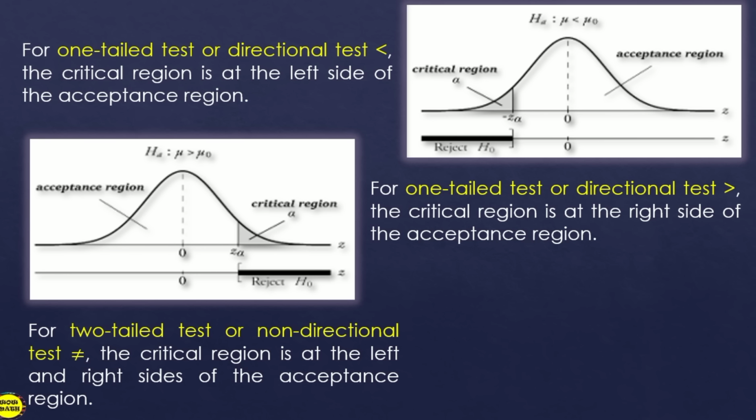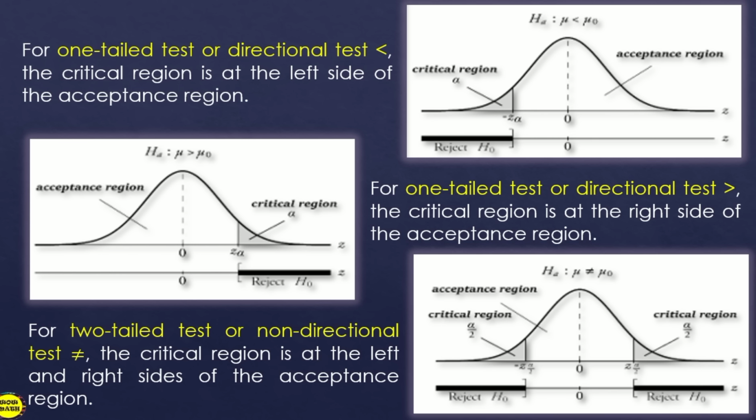So doon diniscuss, di ba, na kapag one-tailed test, ang symbol na ginagamit natin is greater than and less than. Pero kapag two-tailed test, not equal. Okay? So, yung symbol na not equal, yan ang gagamitin natin. Ayan yung ginagamit para ma-identify natin na ito ay two-tailed test.